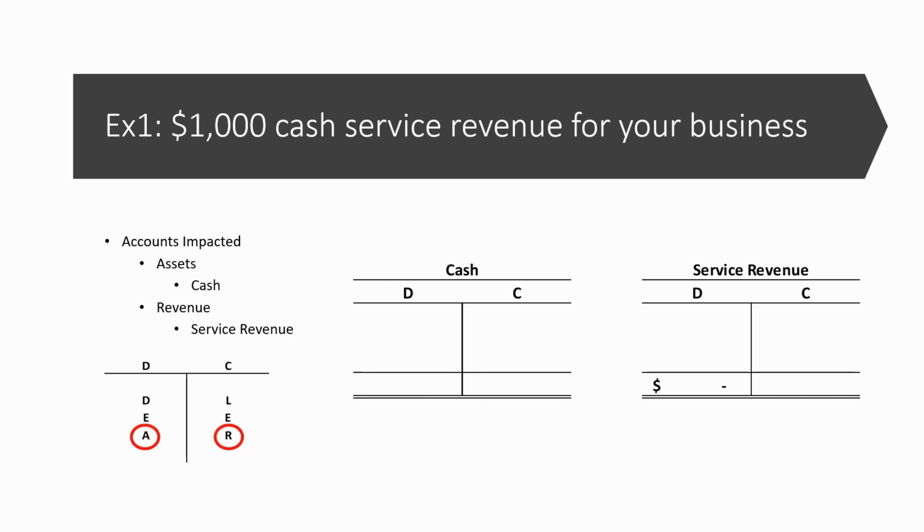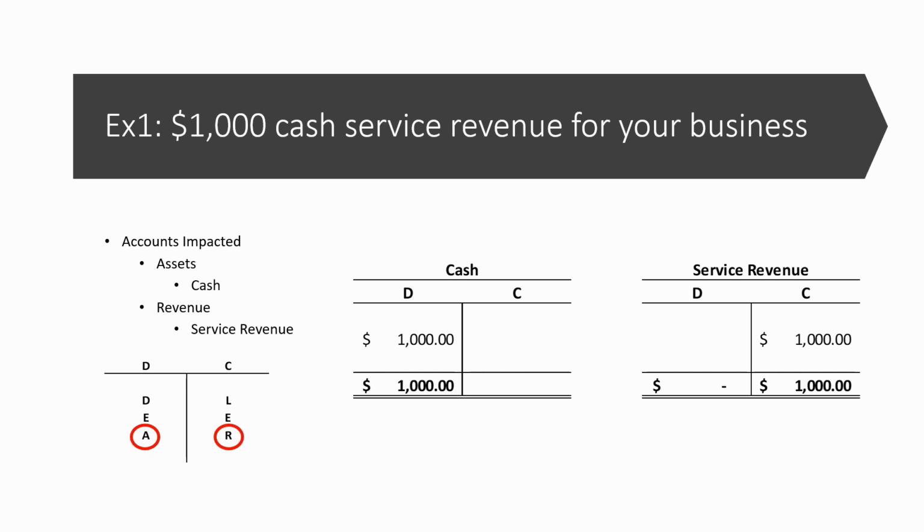Cash is increased by $1,000. Revenue is increased by $1,000. Referencing DC Dealer, asset accounts are increased by a debit entry. Conversely, revenue accounts are increased by a credit entry. Because of this, we know that we have to debit cash by $1,000 and credit service revenue by $1,000.